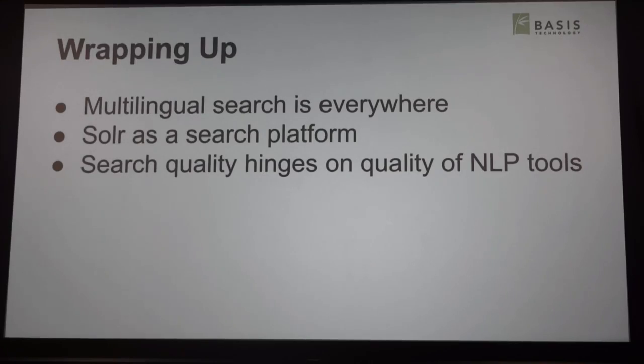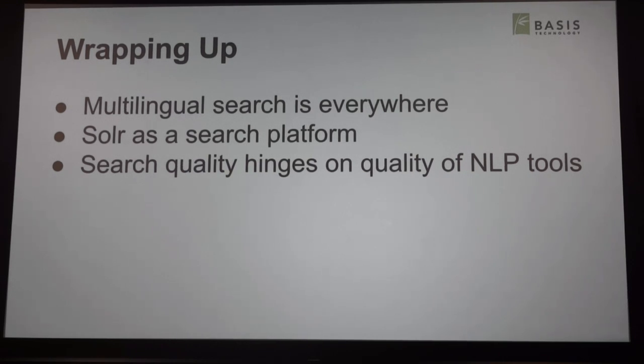So quick wrap up, multilingual search is everywhere. It's happening under the covers all the time in the products you use. We looked at Solr as a search platform and how to implement this stuff in particular in Solr and the trade-offs of the various approaches. And really the final point here is that your search quality is really only going to be as good as your NLP tools.